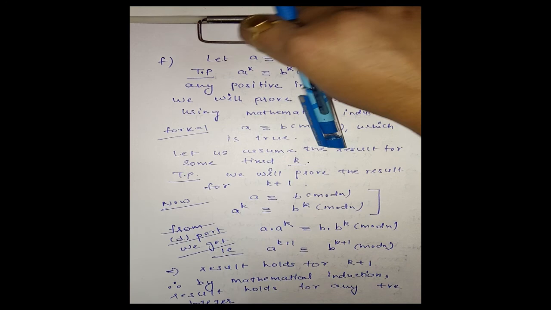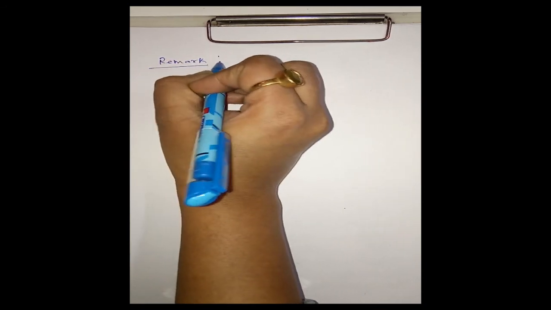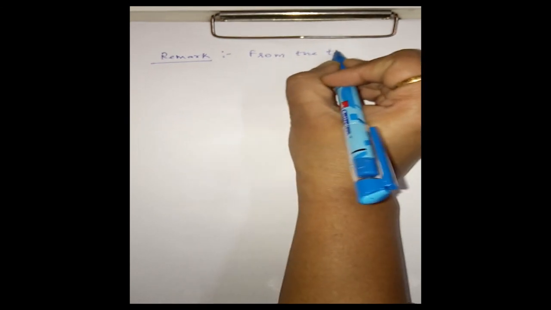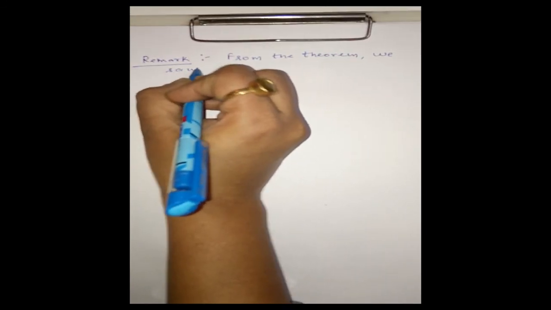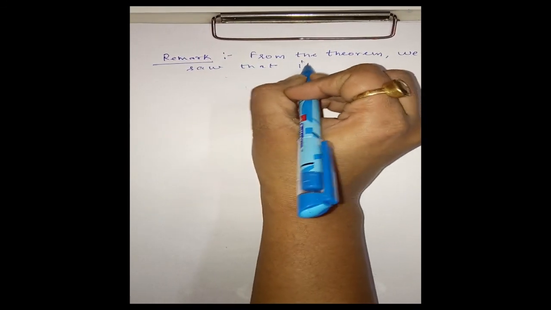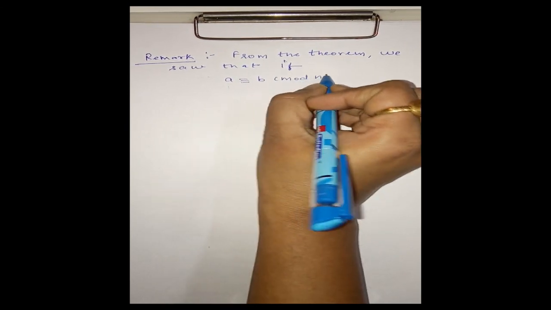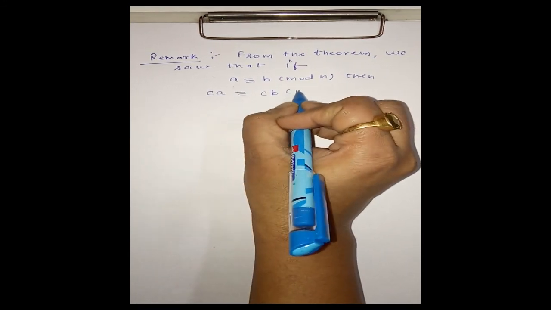Now we have a remark from the theorem. We saw that if A is congruent to B modulo n, then CA is congruent to CB modulo n.